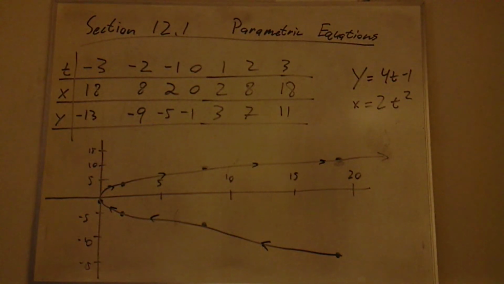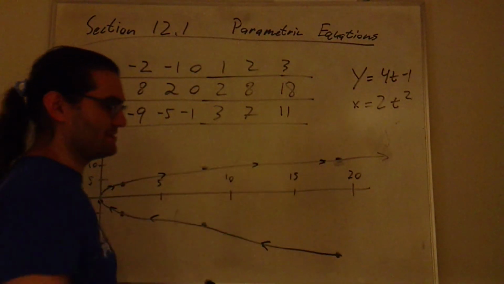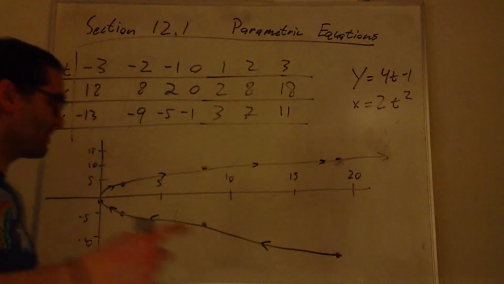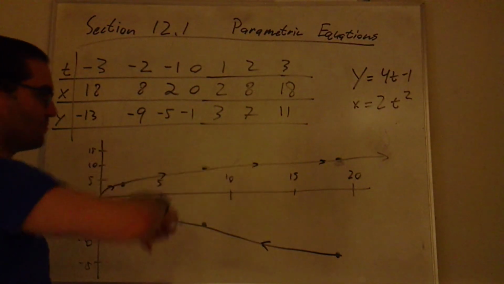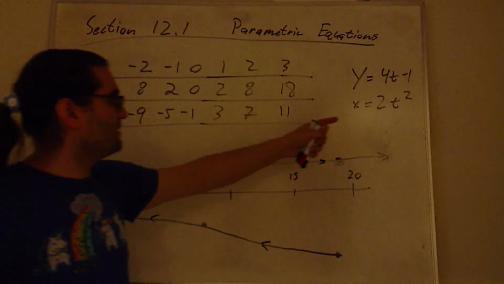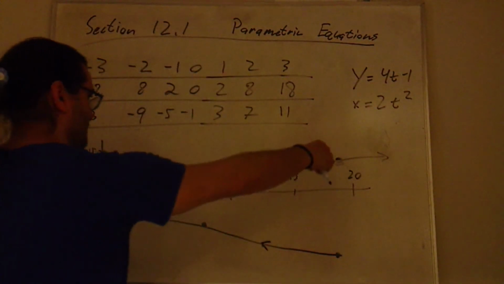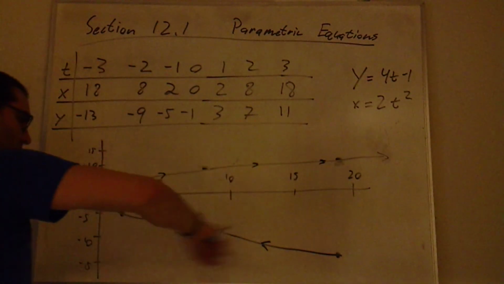If the orientation of a graph is an important part of a problem or a model or an example that you're doing, then this graph has to count as a different graph than something that has the same shape but a different orientation. If you put a negative sign on these y values, then you'd probably be starting up top and going down.